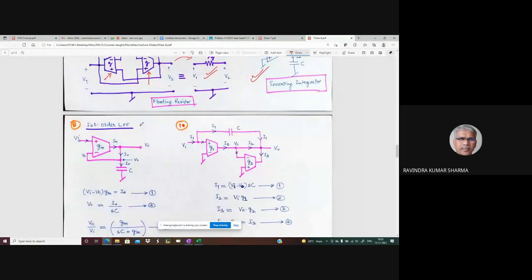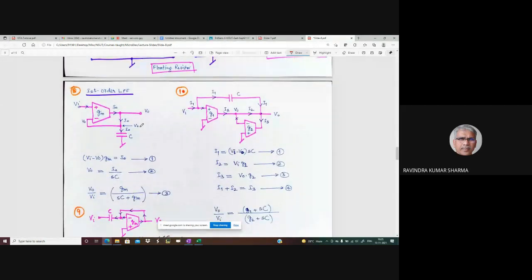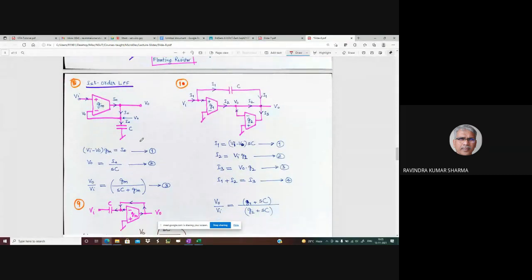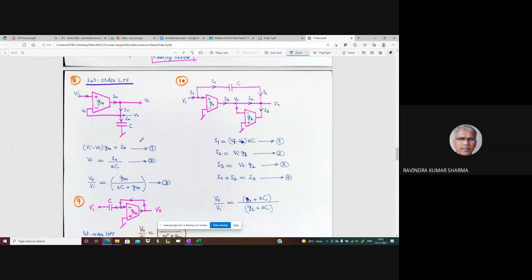So now see the first order low pass filter. Do you know what its equation will be?